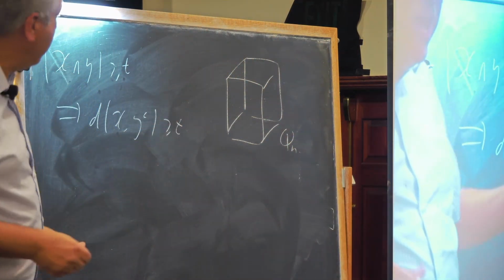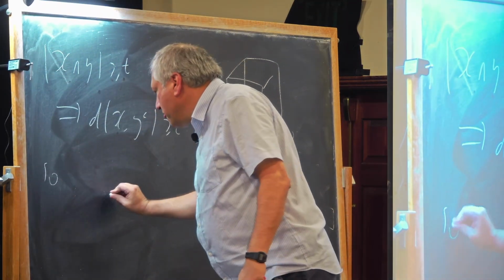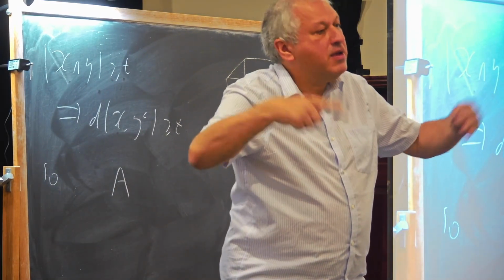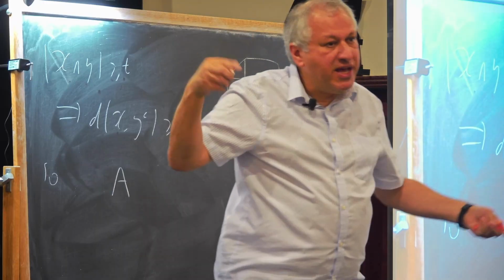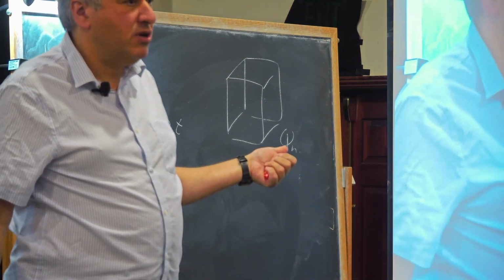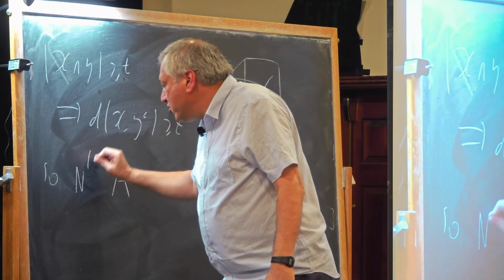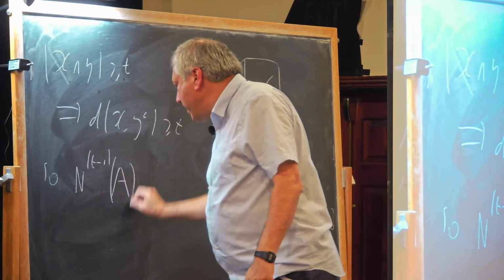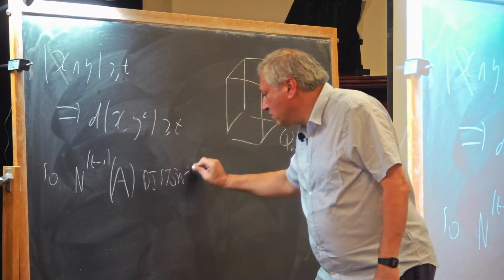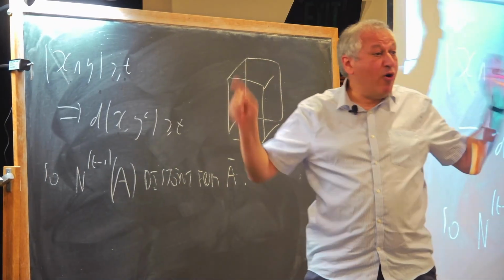Now, what does that say in terms of something we know? It says, if you start off with set A, and you take its neighbourhood, it's only distance 1, you take the neighbourhood again, distance 2. This says, if you take the neighbourhood t minus 1 times, you miss the complement. Right? So the neighbourhood iterated t minus 1 times of A is disjoint from our usual friend A bar, which as before would be the set of complements.